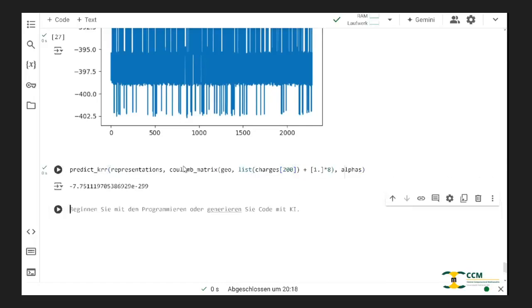So, 10 to the minus 299. Fancy way of saying 0. Can you tell me what that means? Basically, almost all predictions that we get are 0. How is this possible?